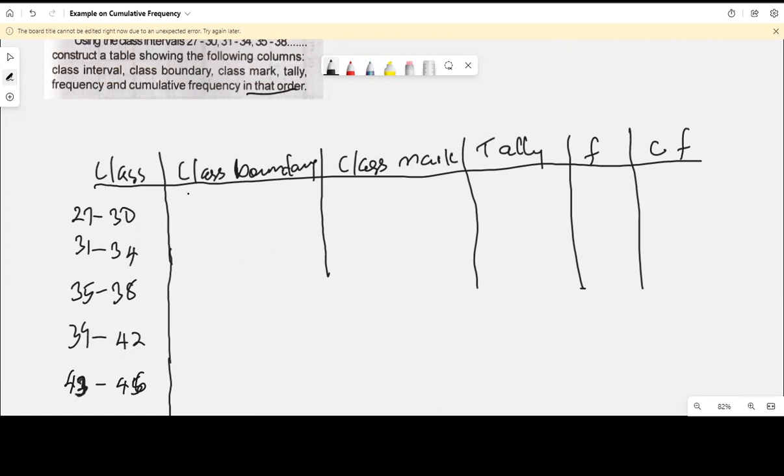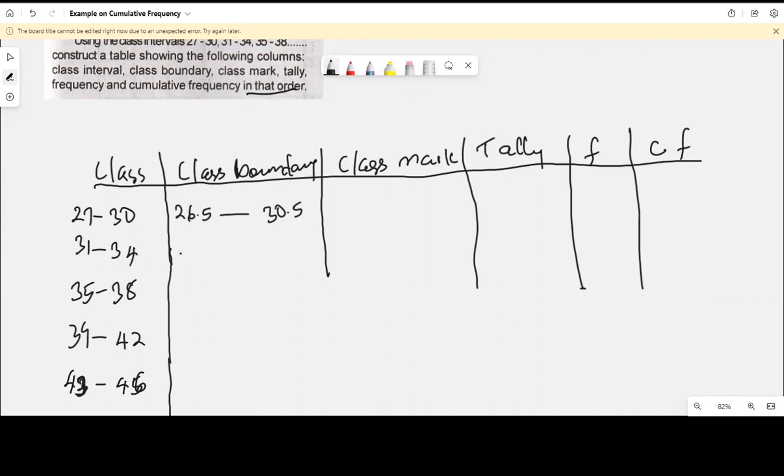So the lowest class boundary here will be 26.5, and the upper class boundary will be 30.5. So the idea is to decrease this number by 1 and then put 0.5. That is the easiest way to get the lower class boundary. But for the upper class boundary, just put 0.5 after the upper class limit. That will give you the upper class boundary.